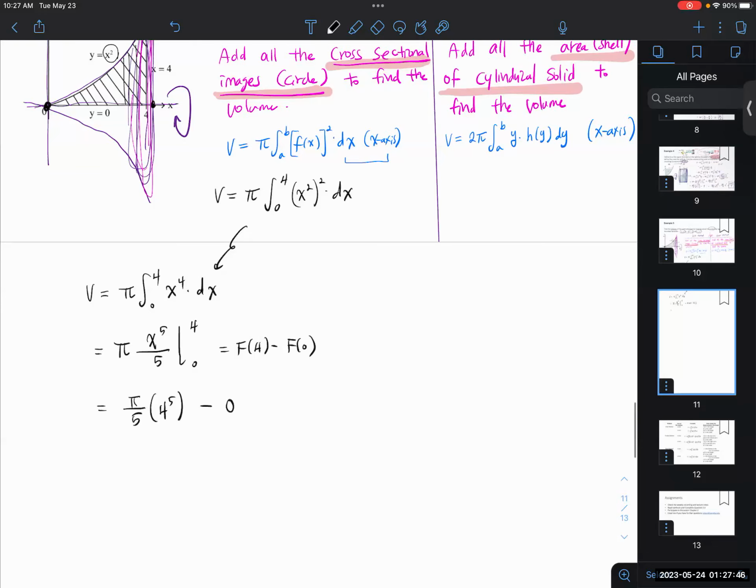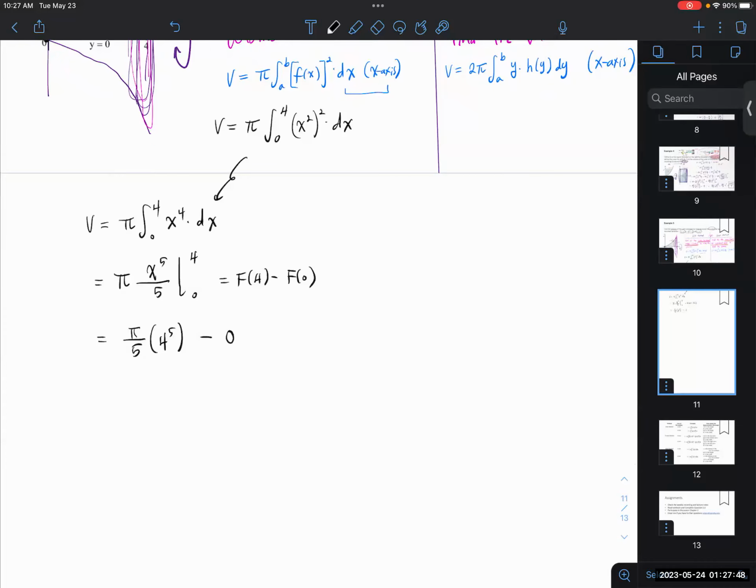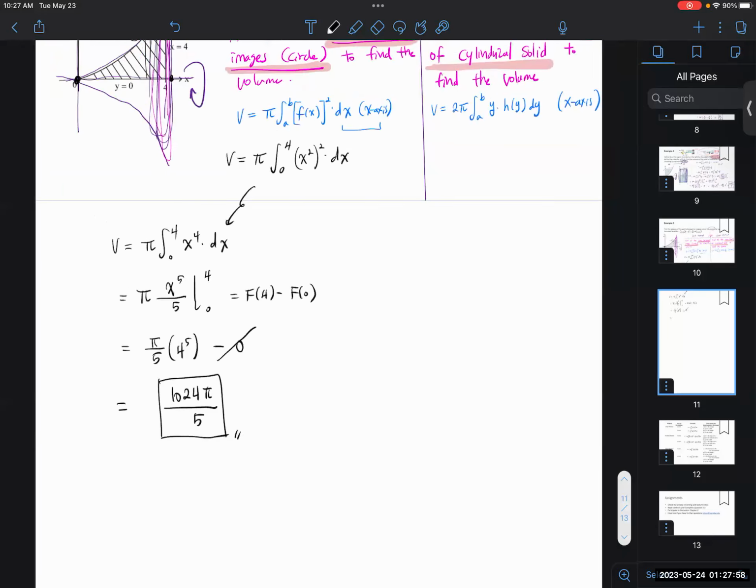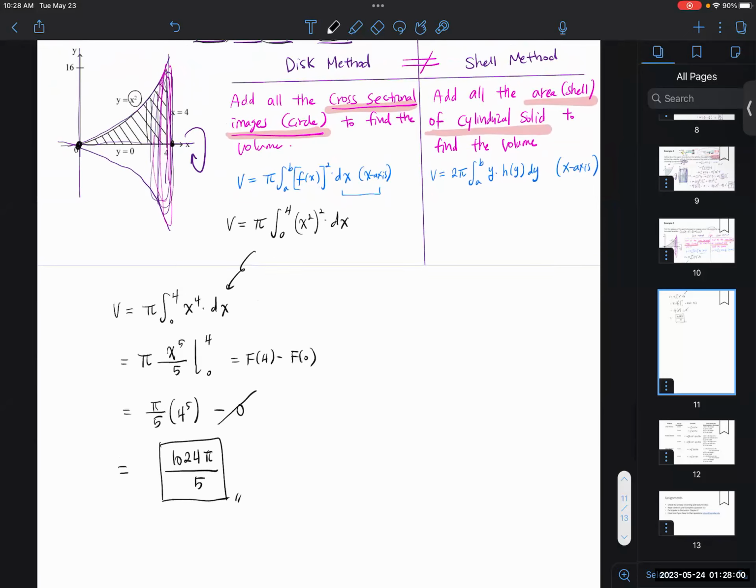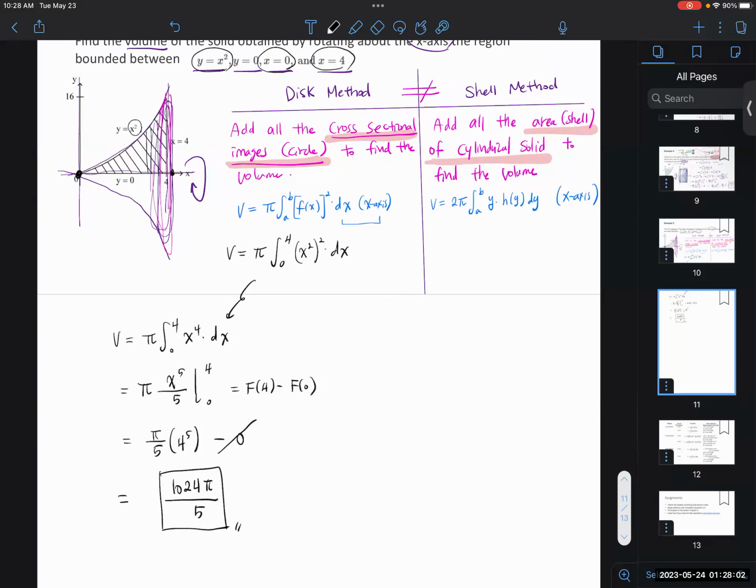If you calculate it, the first answer gives us the volume of this solid: 1024 pi over 5 using the disk method.